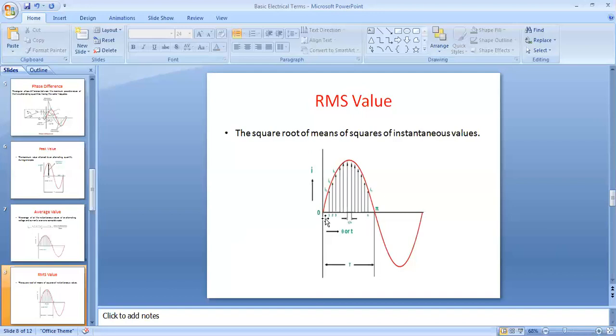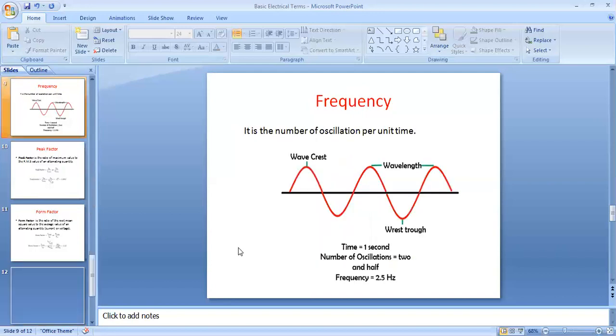So here, like in the average value, we have seen the first positive half cycle is divided into n number of parts, 1 to n, and during those n parts the current is distributed among the parts, that is I1, I2, I3 up to In, and one interval is of t upon n. T is the time duration of that positive half cycle, and n is the number of equal parts.